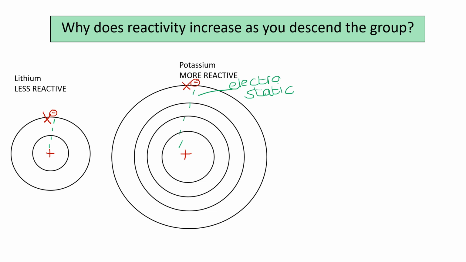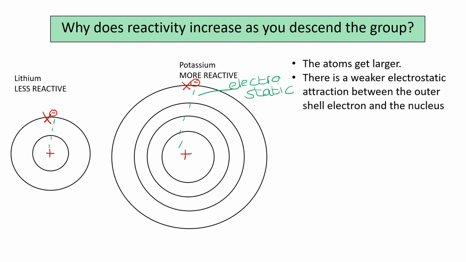Now the explanation we can give is that because potassium is larger, the electrostatic attraction between the outer electron and the nucleus is going to be weaker, and therefore the outer electron is going to be more easily lost in a reaction. I would learn this explanation on the right-hand side. So as we go down the group, the atoms get larger. There is a weaker electrostatic attraction between the outer shell electron and the nucleus.